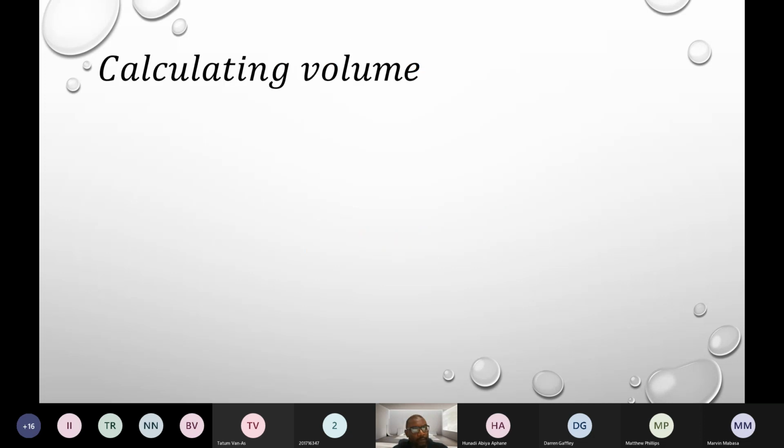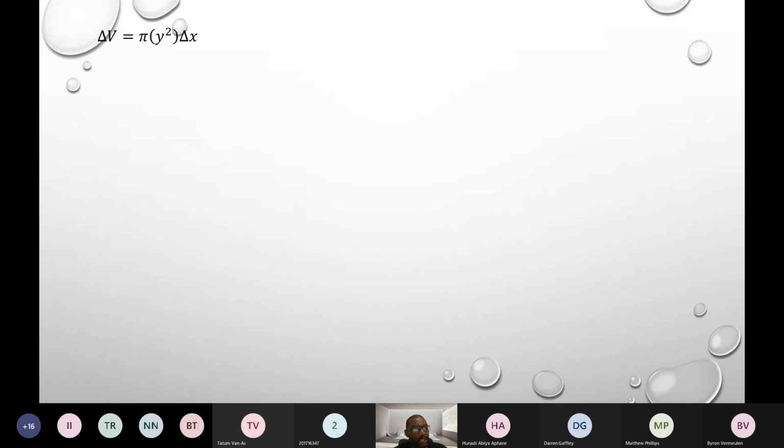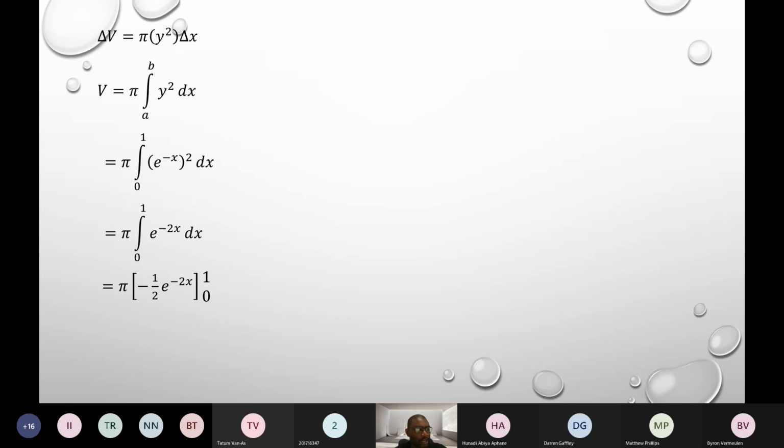Next thing, calculating volume. How do we calculate volume? We know that's the formula that we use. We substitute and then we get our answer there.